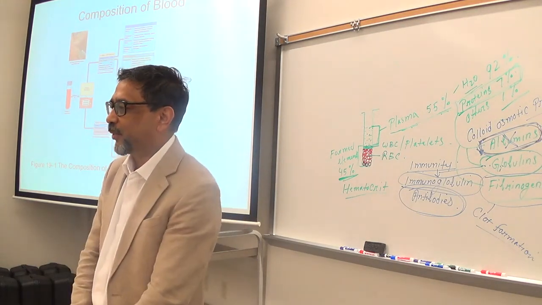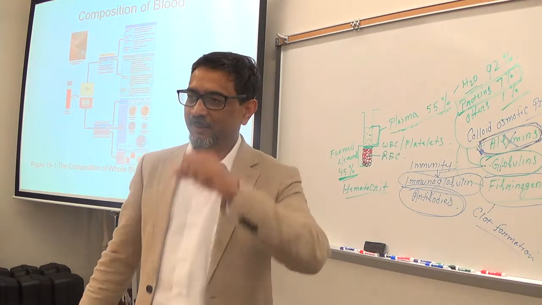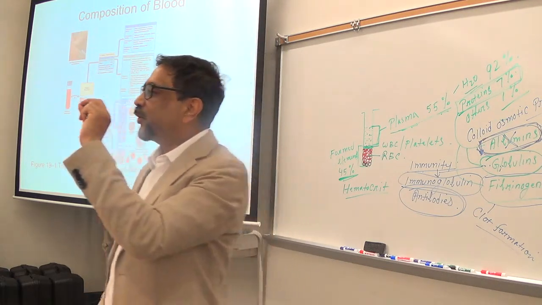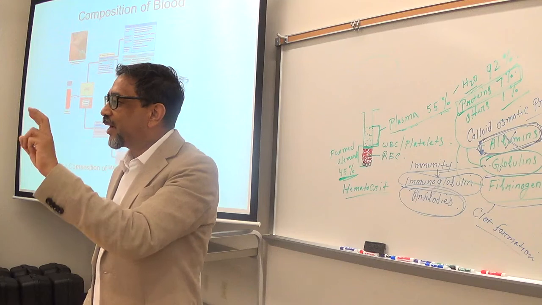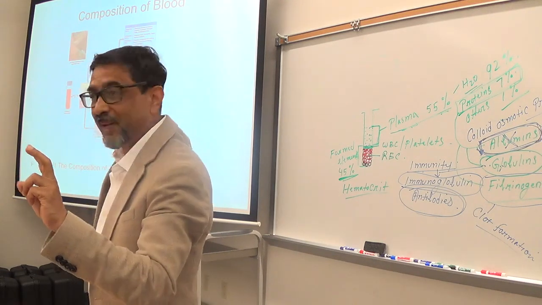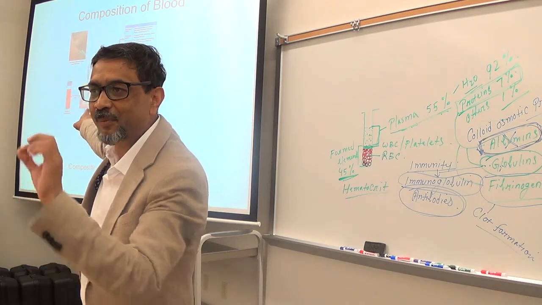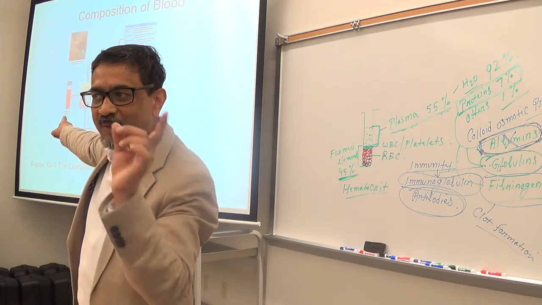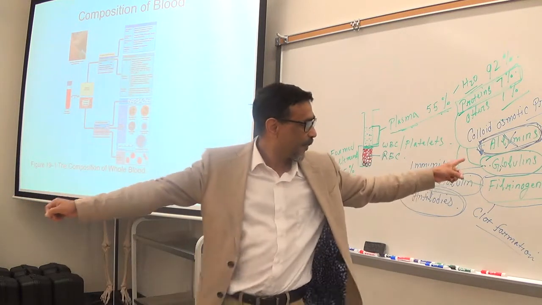Okay, now you tell me, from my lecture, you got two components in your blood that are responsible for clot formation. One is platelets, right? These are blood cells. Another is plasma protein. Which one? Fibrinogen.